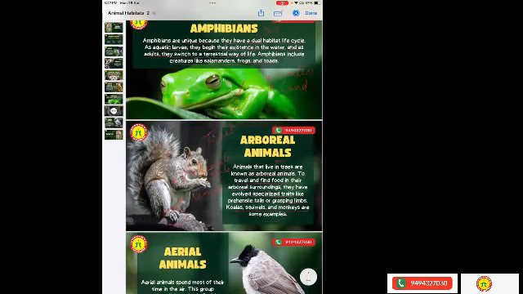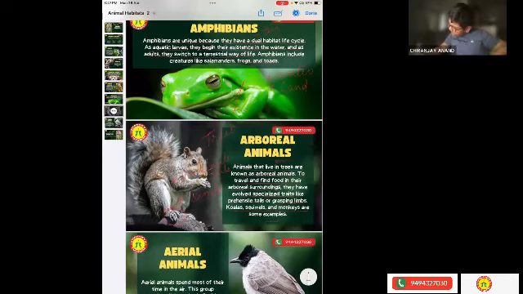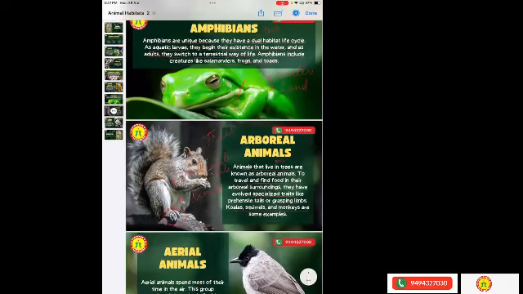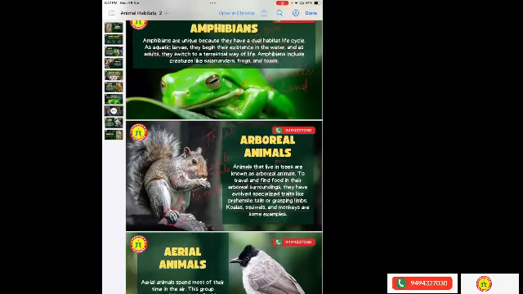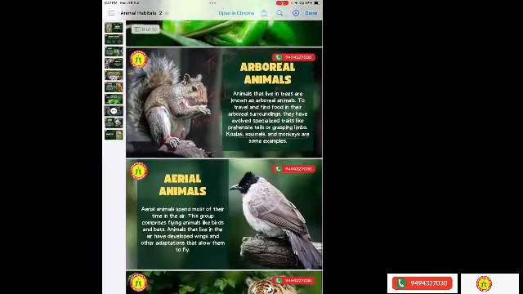Monkeys use their tail to hold a branch or to hold something. Like when you give them a banana or some other food item, they use that tail to hold it. So that is the major characteristic of arboreal animals.